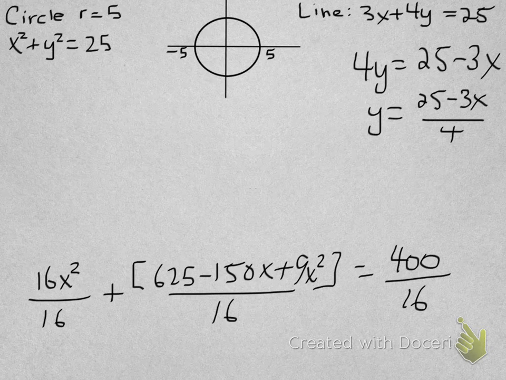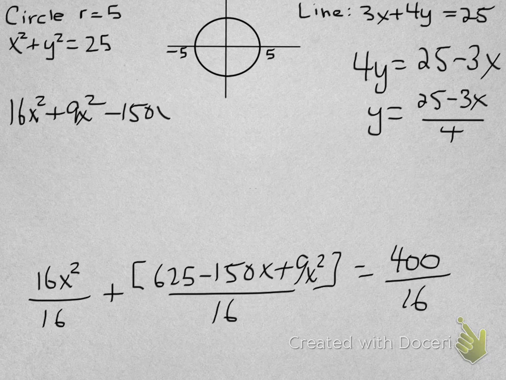Now that everything is above a common denominator, it makes sense that 16x squared plus 9x squared minus 150x plus 625 is all equal to 400. Equivalent denominators imply that the numerators now need to be equivalent.